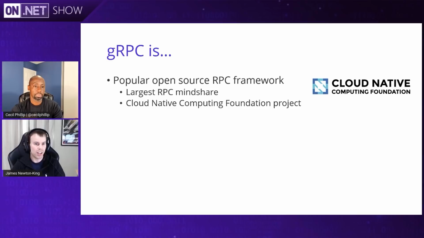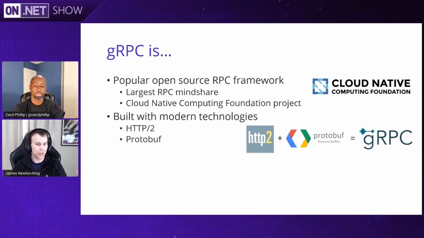But the overall developer community is really unifying behind gRPC as its framework of choice. It's run by the CNCF, and what Microsoft has done is contribute a gRPC implementation to the Cloud Native Computing Foundation. And we're working with them to make gRPC a great experience in the .NET ecosystem.